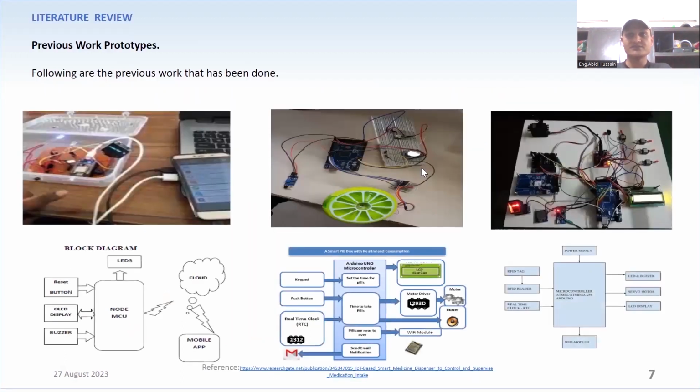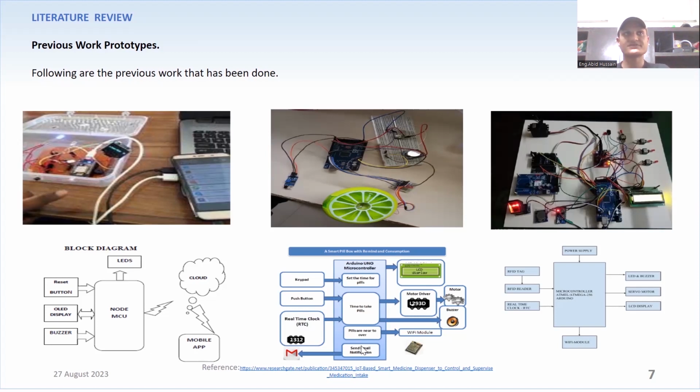Following is the previous work that has been done in the past. The first one is the first medication box. Its flow chart consists of NodeMCU, LEDs, cloud, Android app, reset button, OLED display, and buzzers. The second one consists of an ESP32 module, LCD, and servo motors.